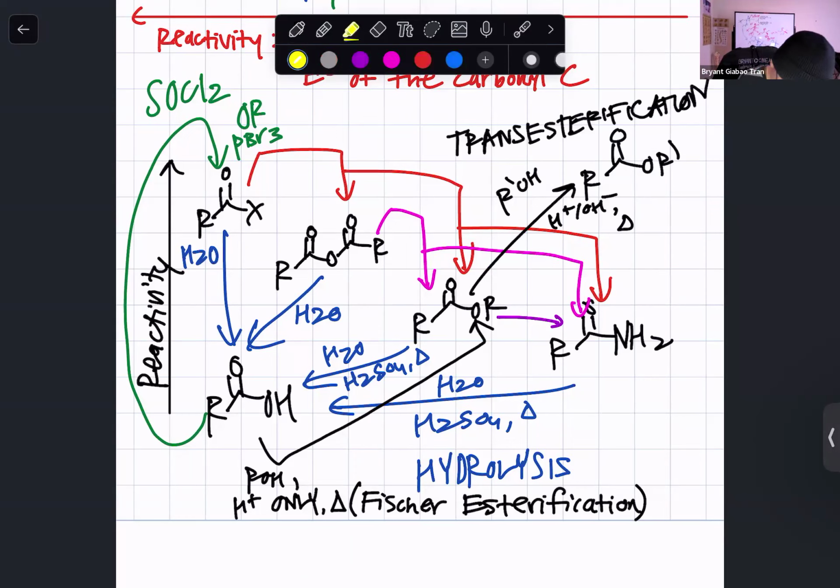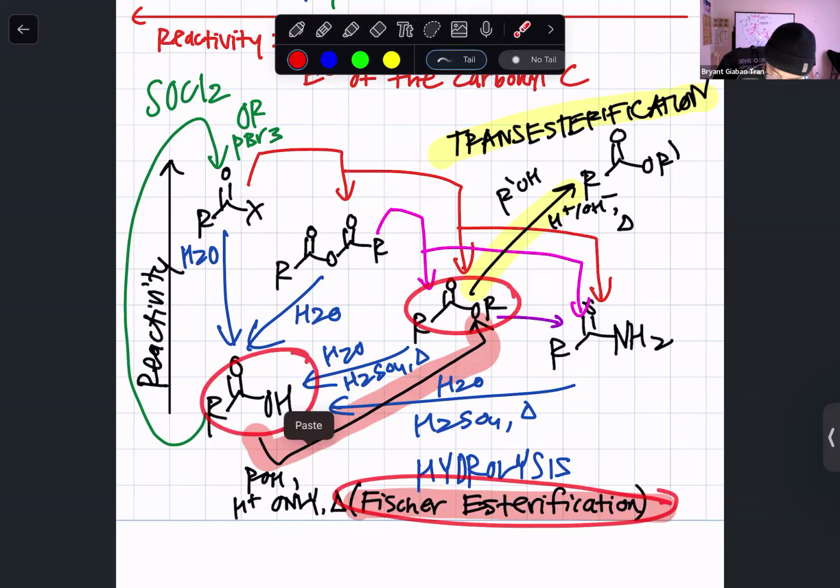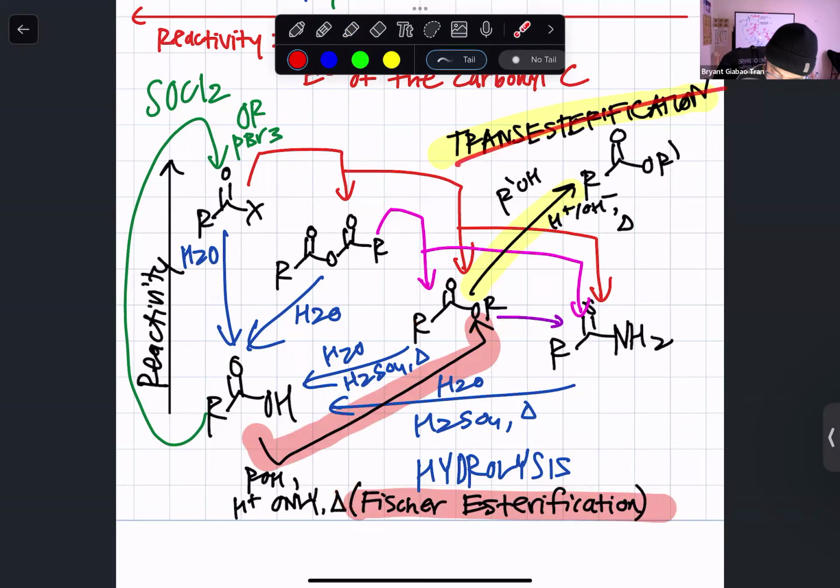Okay, so let me highlight that, transesterification here and Fischer esterification here. So Fischer esterification creates an ester from a carboxylic acid. Transesterification creates a different type of ester from the original ester, right?